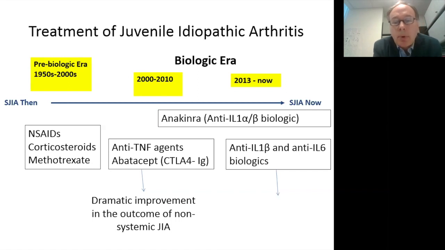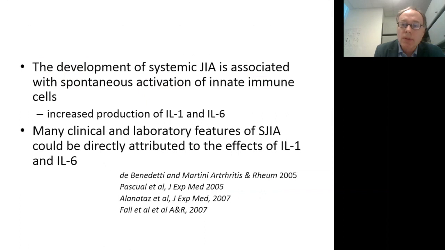That's another pro-inflammatory cytokine that seems to be prominent in non-systemic JIA. The introduction of those drugs had a dramatic impact on the quality of life of patients with non-systemic JIA, but it was of little help for patients with systemic JIA.